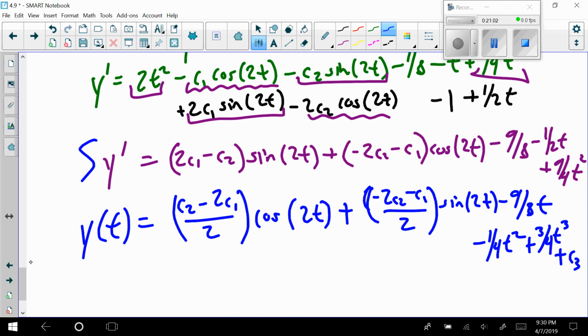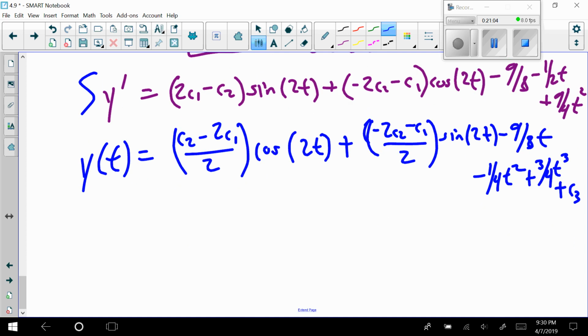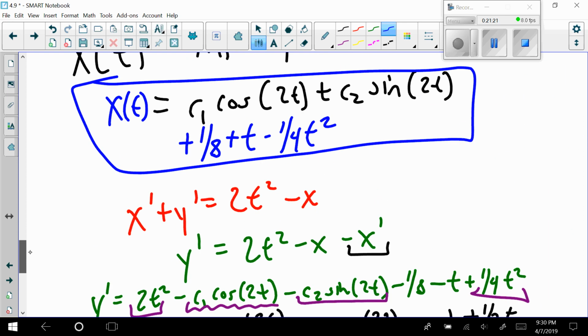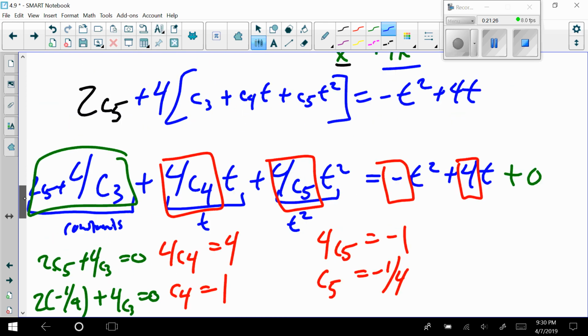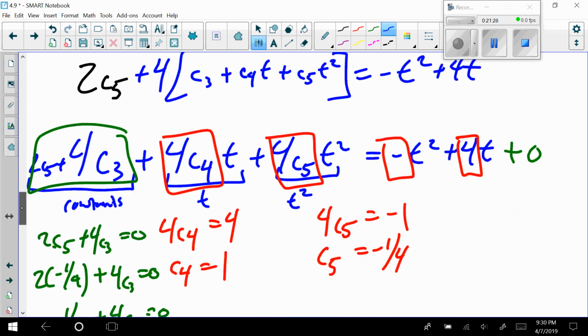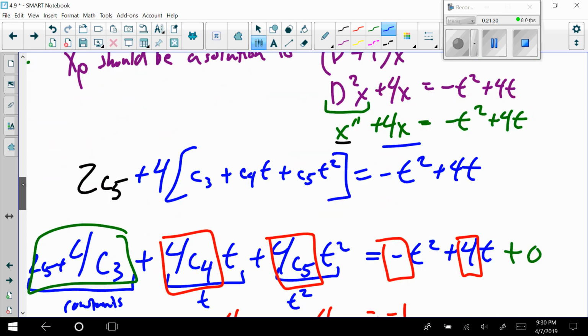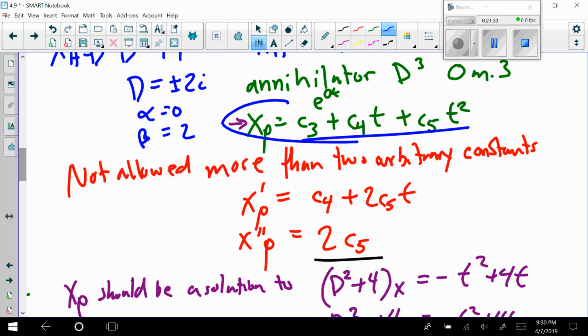Now the problem is that's not supposed to happen. I'm not supposed to have that, okay? How could I get rid of this c sub 3? Well, a couple different options. One, this is supposed to be an answer, right? So you can plug it in, okay, and check and work it through very similar to how we did the particular, okay?